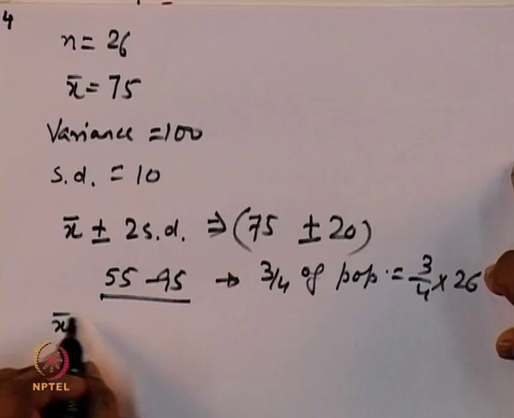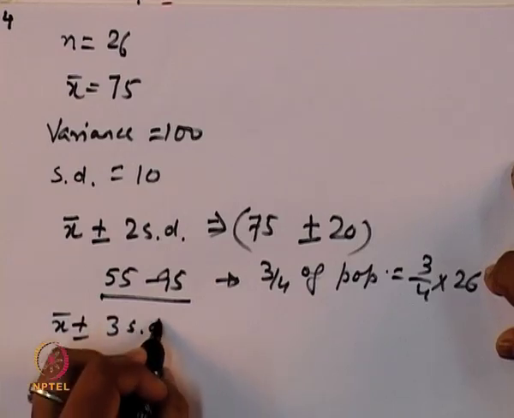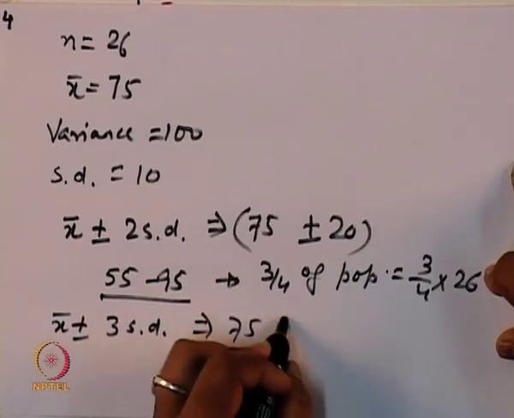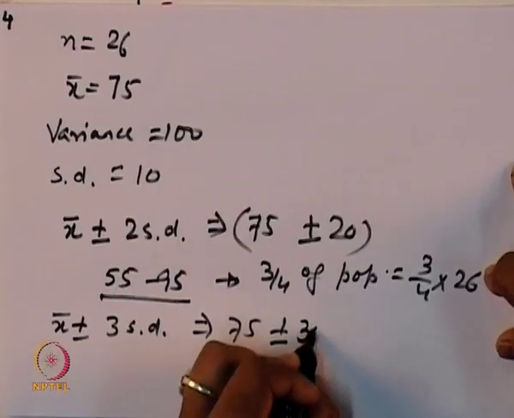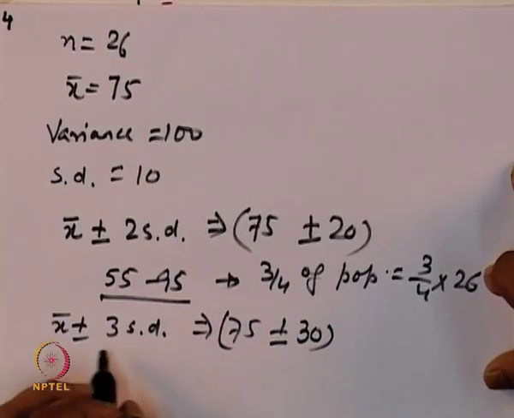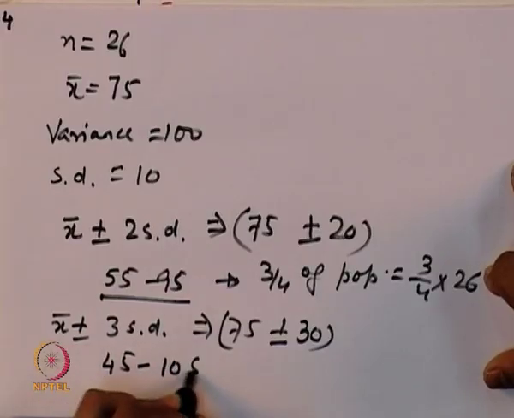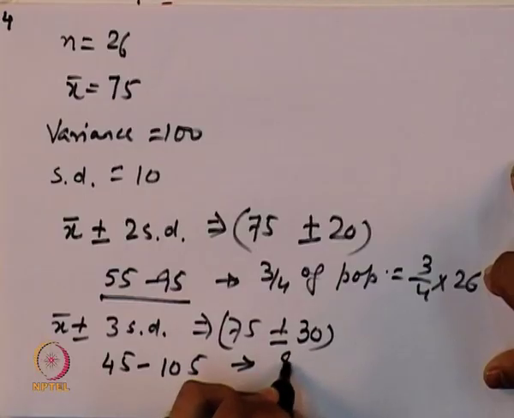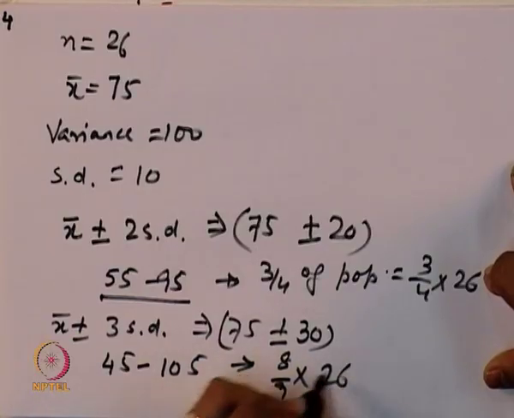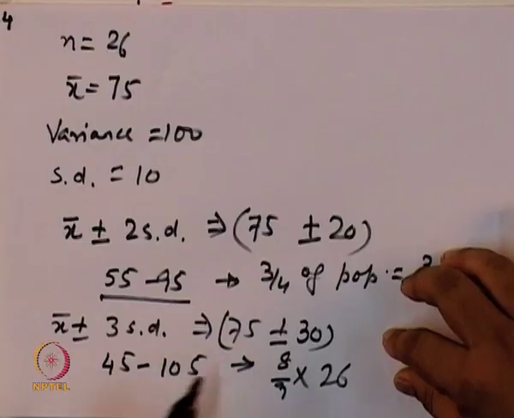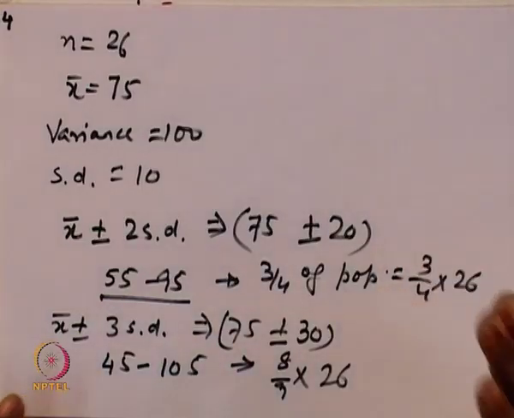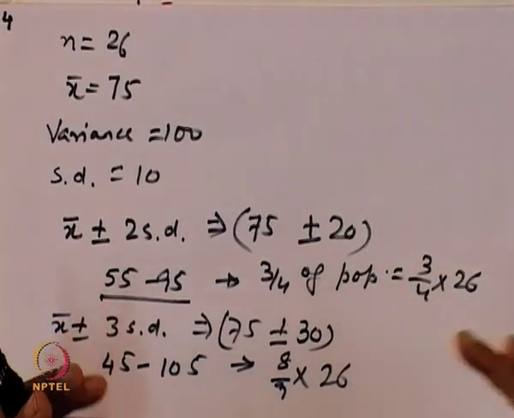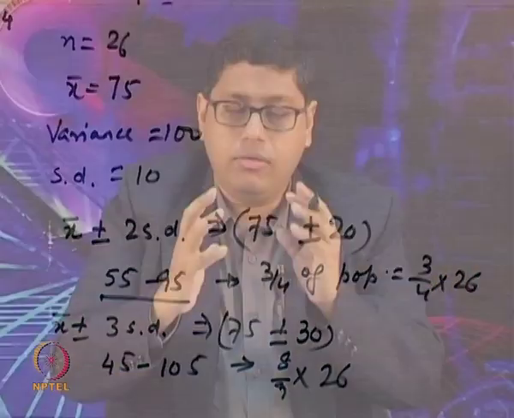Similarly, x bar plus or minus 3 standard deviations would give me 75 plus or minus 30. So, between 45 and 105 you will have 8 by 9 into 26 of the population. So, this allows us to think of what fraction of the population represents the bulk of the data.